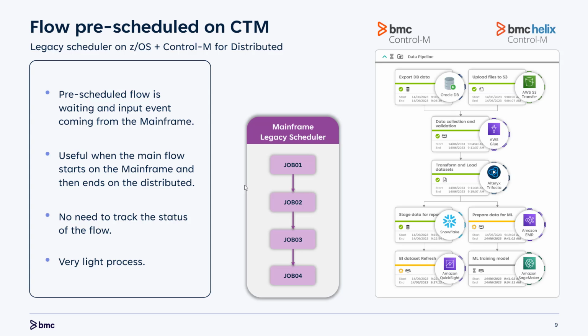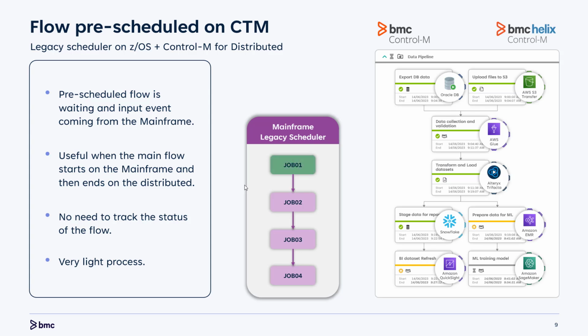We are extracting some information from different kinds of databases. We are moving the files and the data to an S3 bucket in AWS. And after that, we are using different kinds of connectors. So the pre-scheduled workflow is waiting for an input event that is coming from the mainframe.